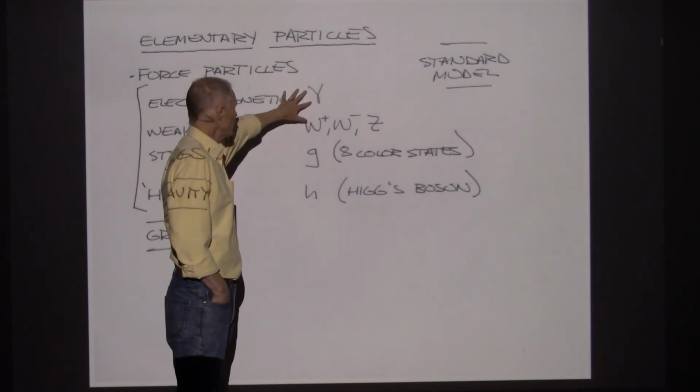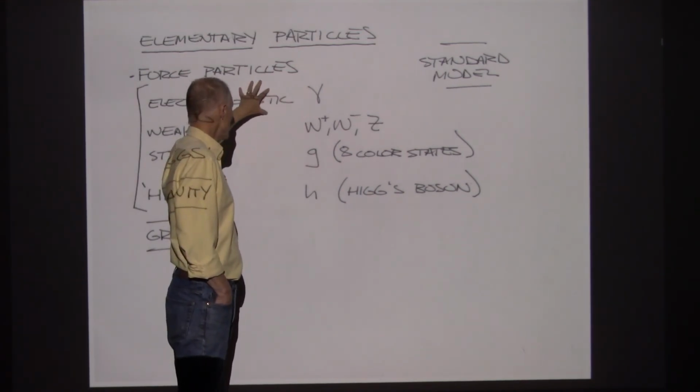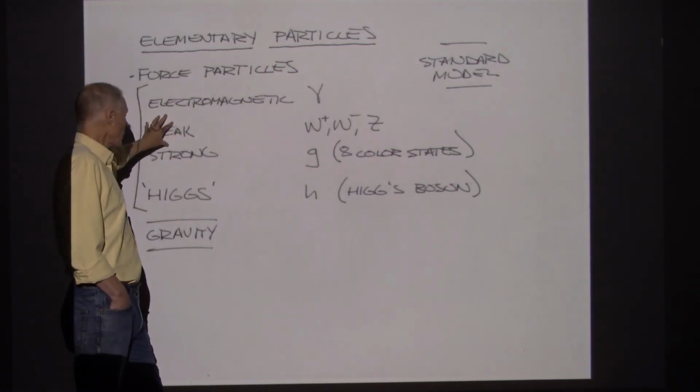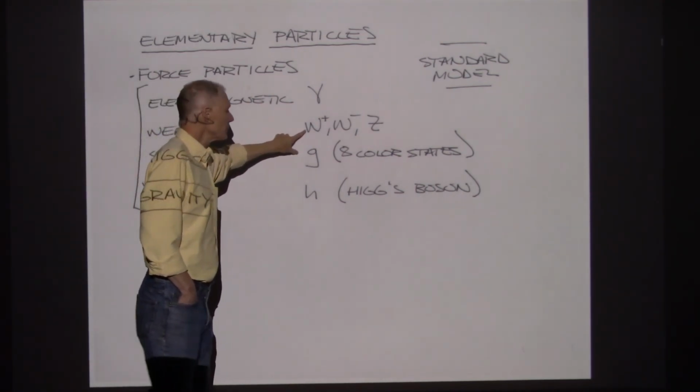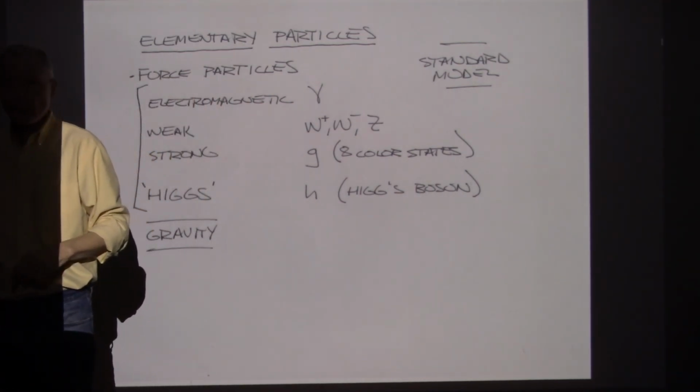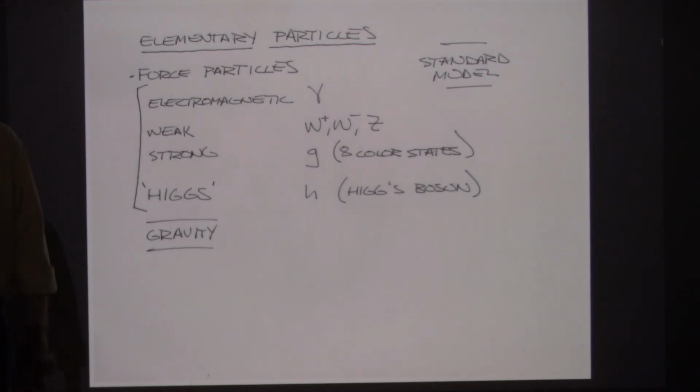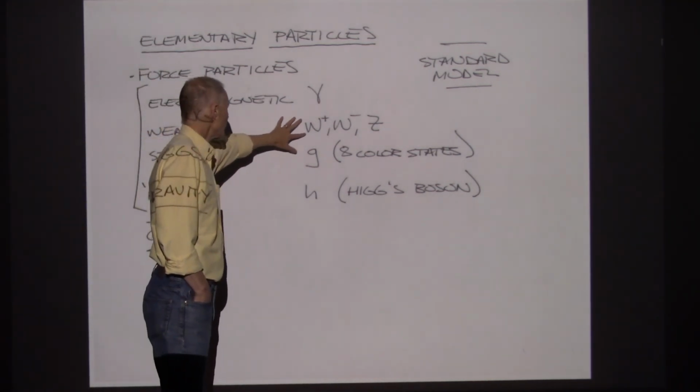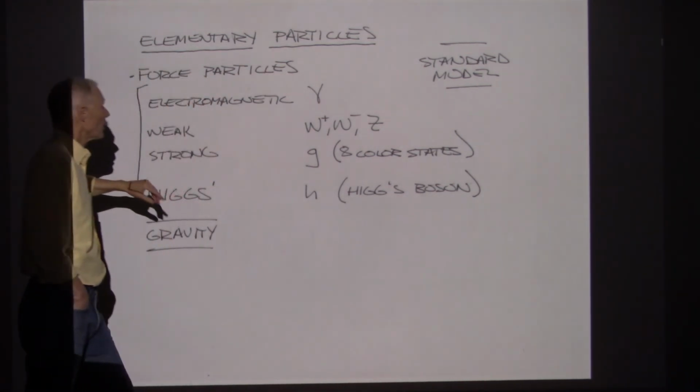So instead of a photon, which is massless, the weak particles are actually really high mass particles. W's and Z's have a mass that's like 100 times as much as a proton. So they're among some of the heavier particles in this standard model.